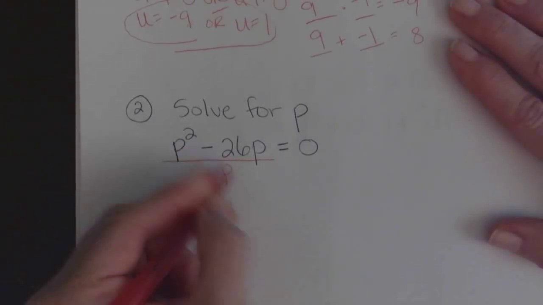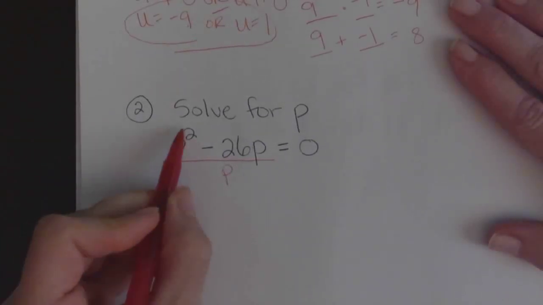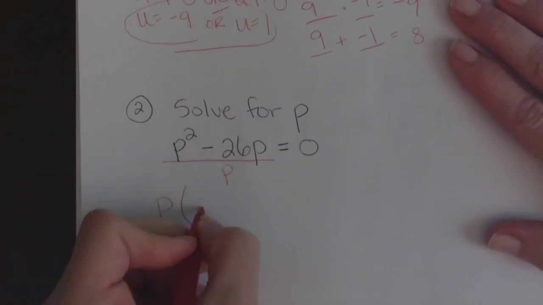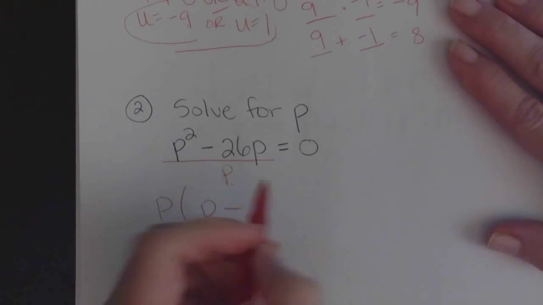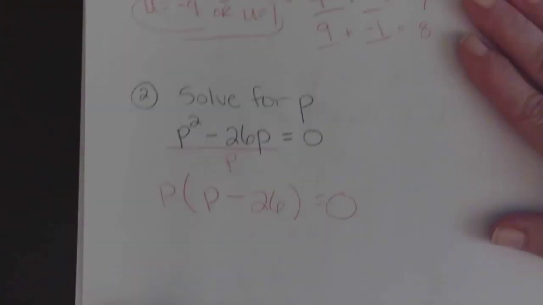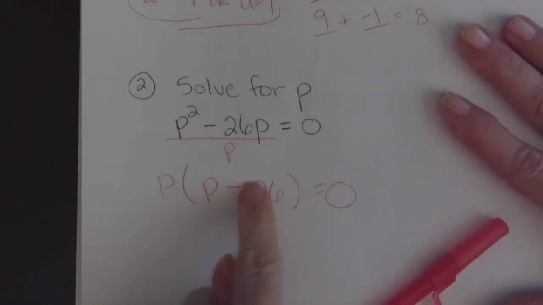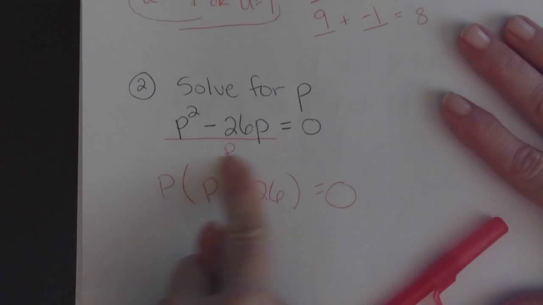What is the GCF? Well, I'm thinking p. So I'm going to take a p to the front times p squared divided by p is just p, minus 26p divided by p is 26. Now I've got multiplication.